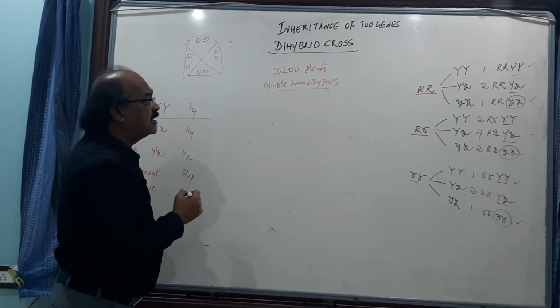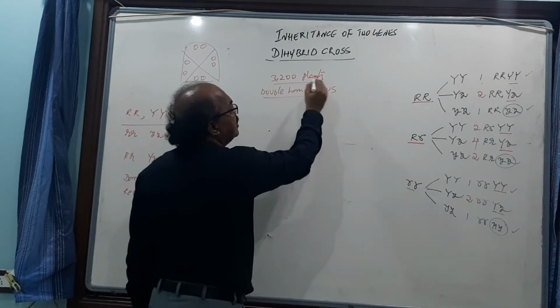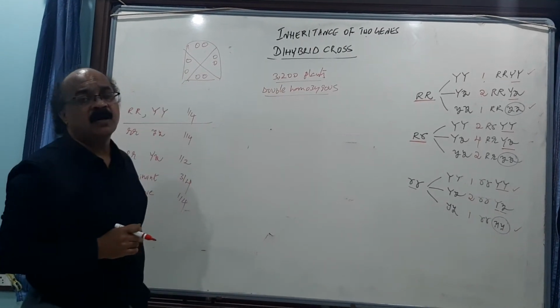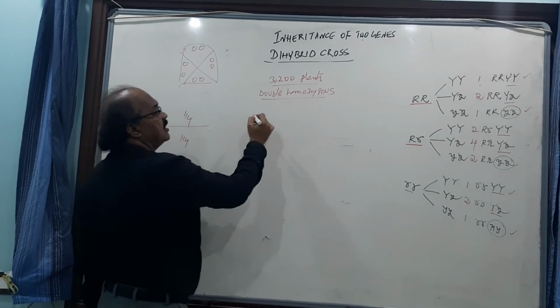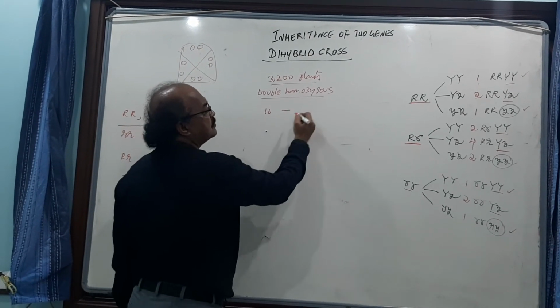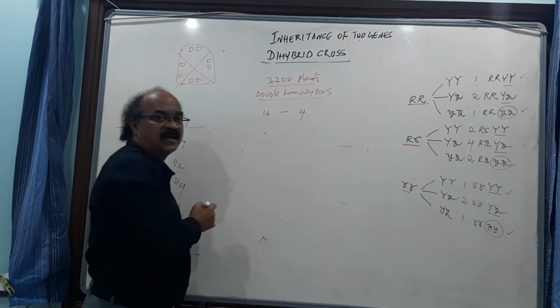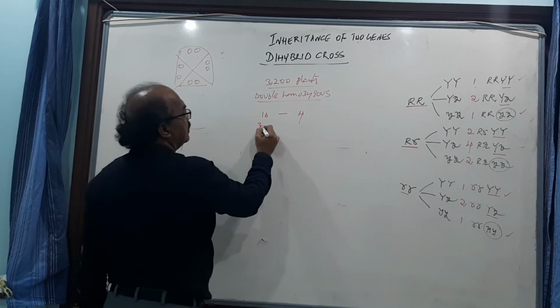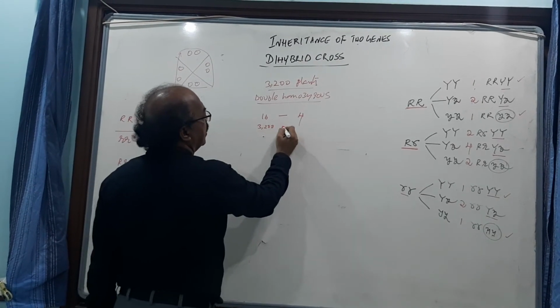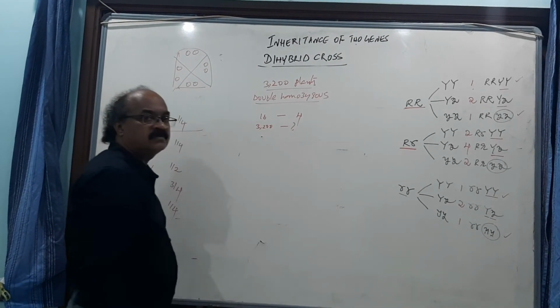So now the point is, in a given 3,200 plants, how many are double homozygous? For 16, 4 are double homozygous. For 3,200, how many? You can calculate.